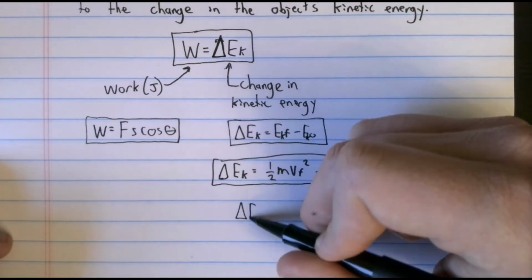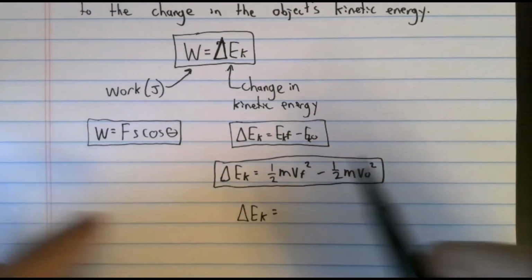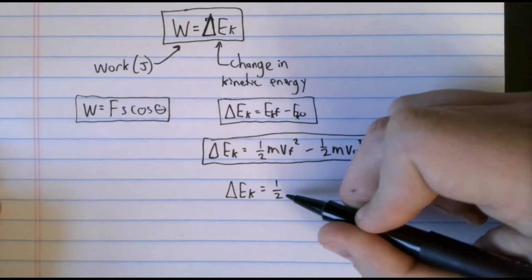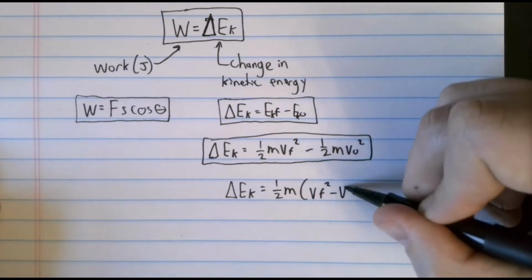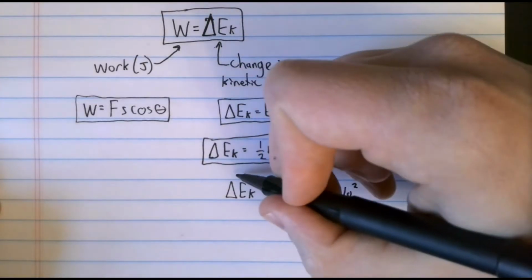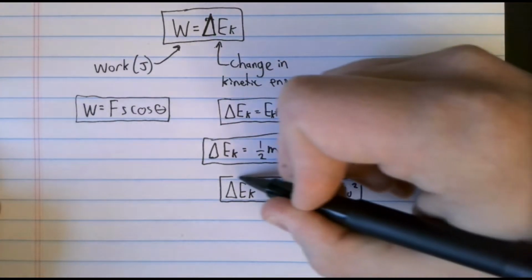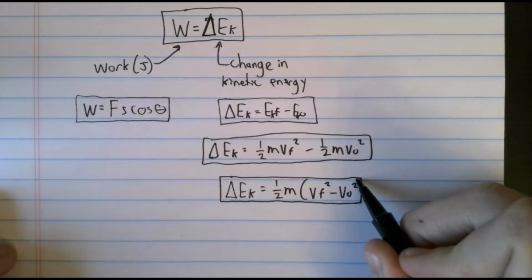The change in kinetic energy can be found by factoring out the 1/2 and the m. As such, 1/2 m (vf squared minus vo squared). My favorite because it is the shortest yet the most descriptive. Don't forget that close parentheses.